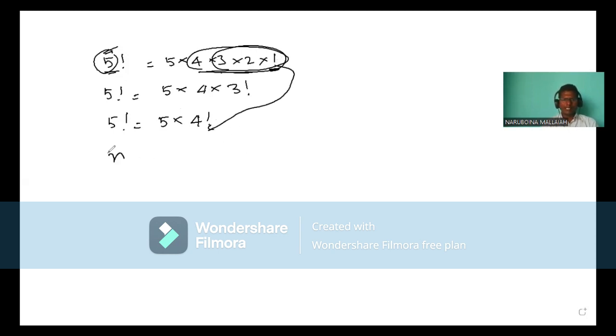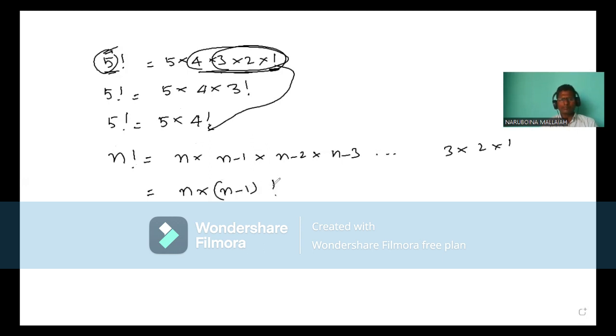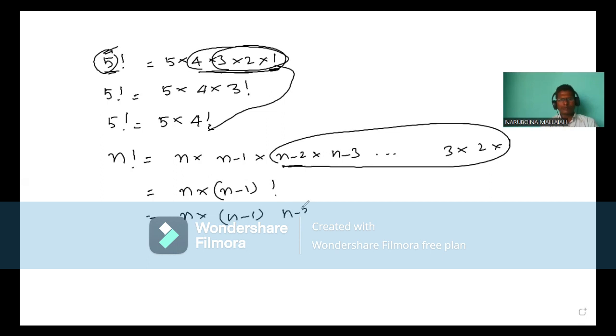Similarly, n factorial is n into n minus 1 into n minus 2 into n minus 3 and so on down to 3, 2, 1. So n factorial can be written as n into (n minus 1) factorial, or n into n minus 1 into (n minus 2) factorial.